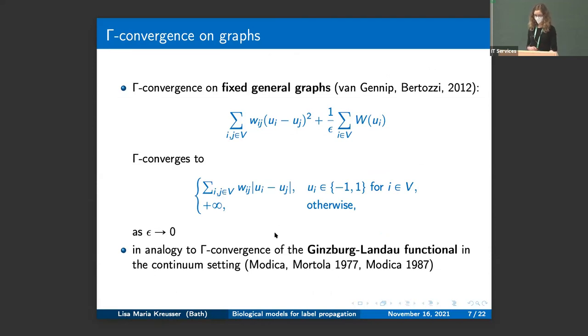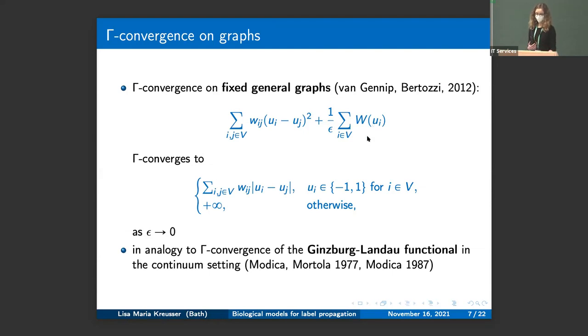So here the idea is that if we have a functional of this form, where the first term already looks very similar to what we have discussed before, whereas the second term is some scaled double-well potential W. A double-well potential is a function with minima at 1 and -1, for instance, so that basically this function is 0 at those points, and otherwise, especially outside this given interval of -1, 1, the function value is extremely large, so that there's some kind of cutoff involved, so that if you want to minimize a functional like this, all the labels will be constrained between -1 and 1.